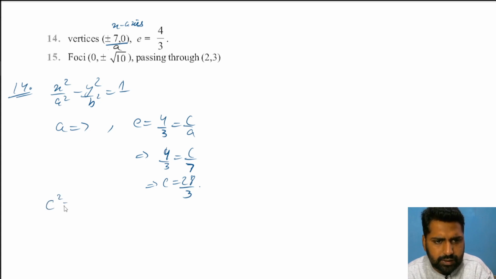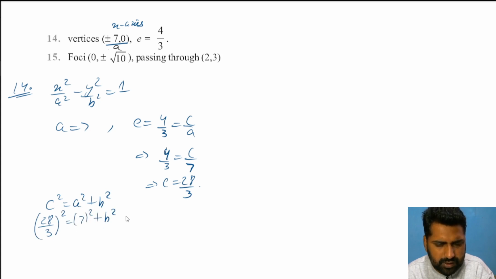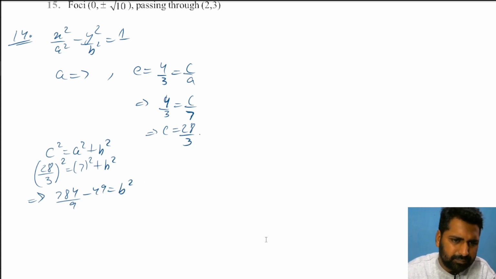So c square equal to a square plus b square. So 28 by 3 whole square equals a is 7 square plus b square. That gives you 784 by 9 minus 49 as your b square.